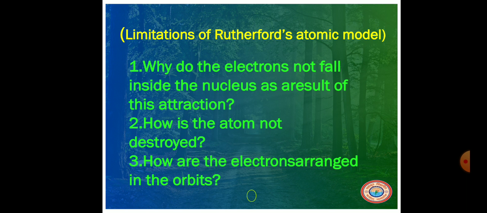The second thing is, how is the atom not destroyed? Because if the positive charge and electrons collapse with each other, the atom must be destroyed. And the third point is, how are the electrons arranged in the orbits or the energy levels? Rutherford said that the electrons are arranged in their orbits.